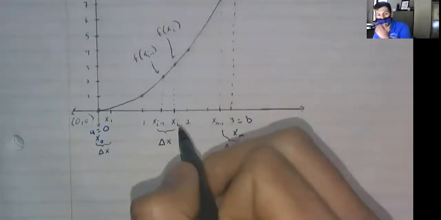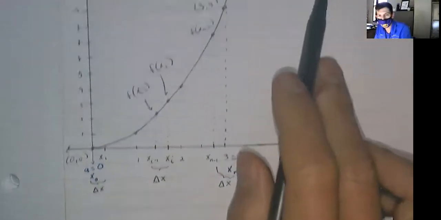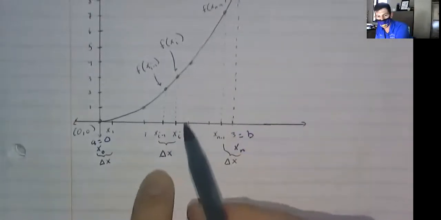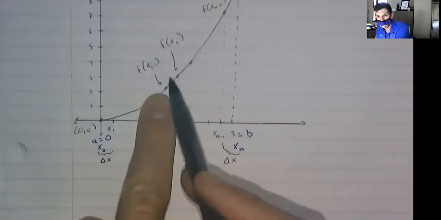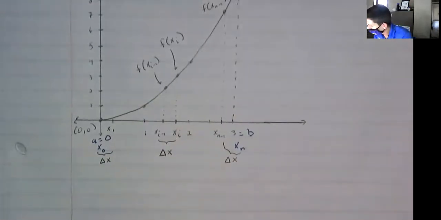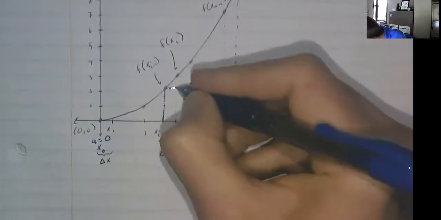On this rectangle that we would draw here, since we want the inscribed rectangles, given the choice between these 2 points, for this entire rectangle we're going to be choosing this left-handed point, f of x sub i minus 1, to draw our rectangle.